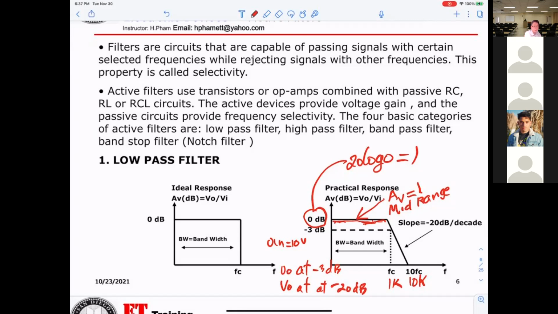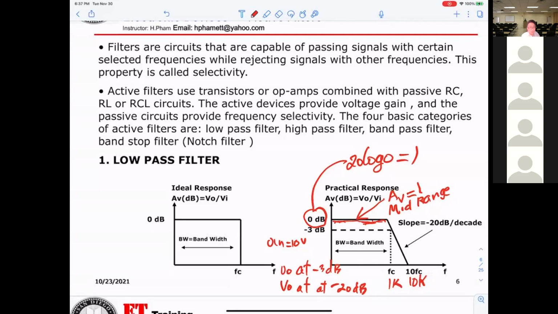Hopefully in the future, when we ask you, you can answer right away. Did you ask for minus 3 dB? Is that the first one you asked for? Yeah, V out at minus 3 dB. That means 7.07 volts. Exactly.